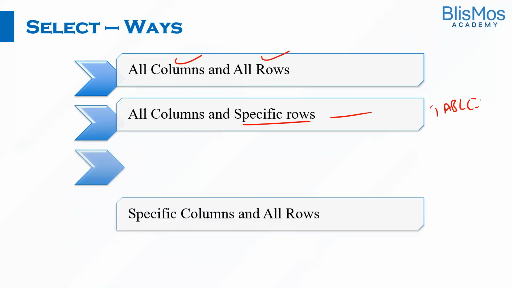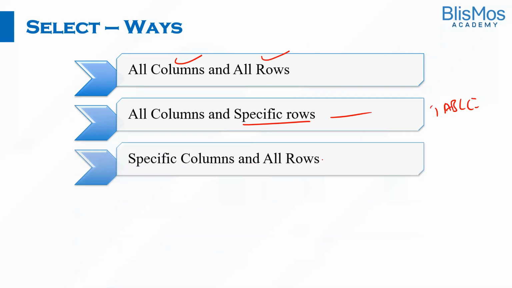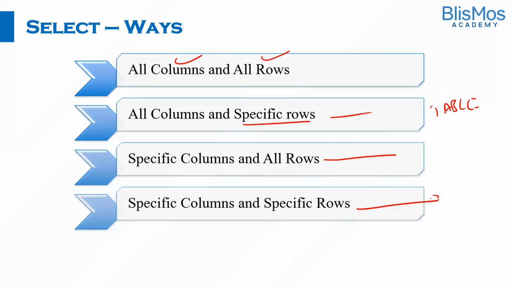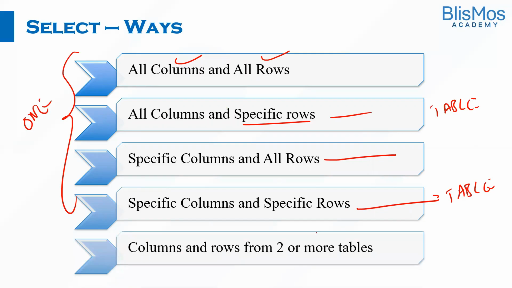We can retrieve specific columns and all rows from a table. We can retrieve specific columns and specific rows from a table, maybe by providing conditions. All these may happen as a part of one table. You can also combine all these things as a part of two or more tables as well. Let us look at a few of them as a part of this lecture.